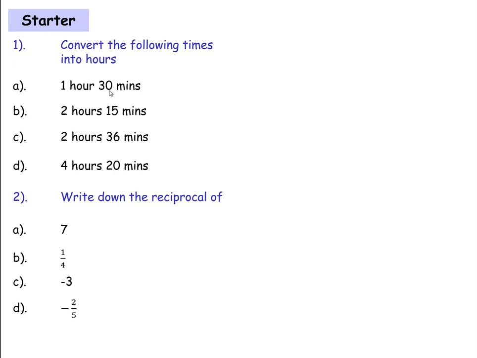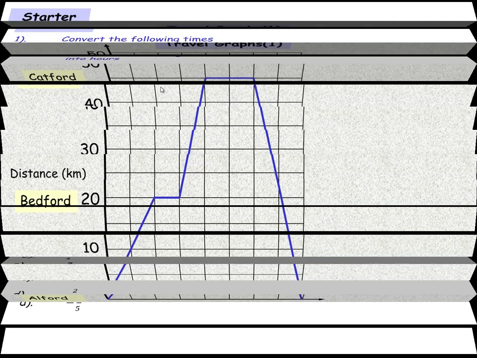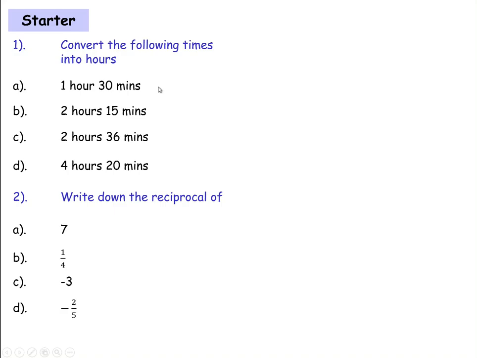If we start with the first one, 1 hour 30 minutes is equal to 1 hour. Now 30 minutes is 30 out of how many minutes in an hour? 60. So 30 over 60.